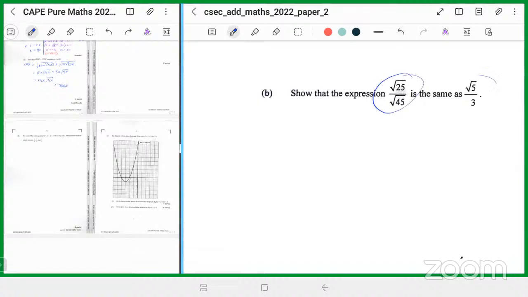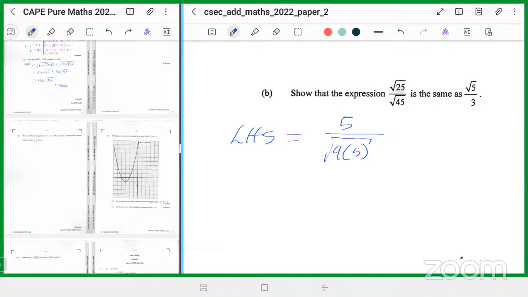So left hand side, where the square root of 25 is 5. All right, so we can leave that. You can put the 5 over. This 45 is 9 times 5. I'll write it as the square root of 9 times 5. Square root of this 9 is 3. This becomes 5 over 3 root 5.